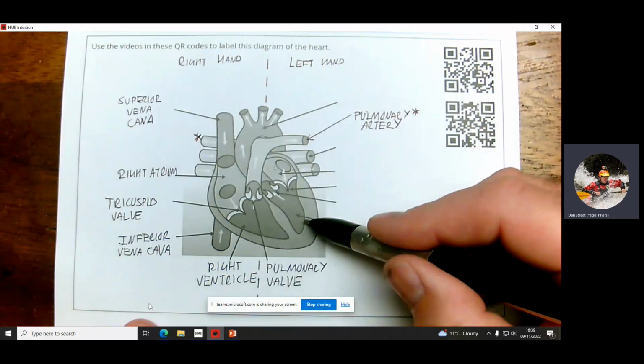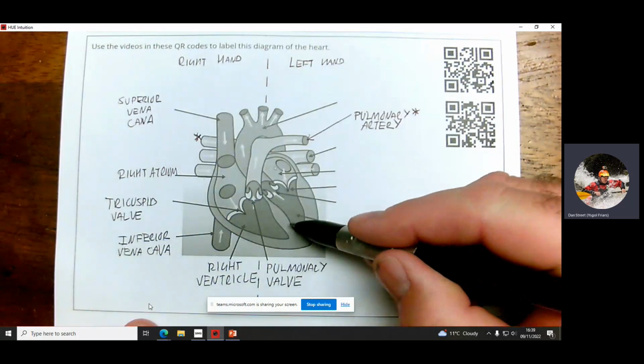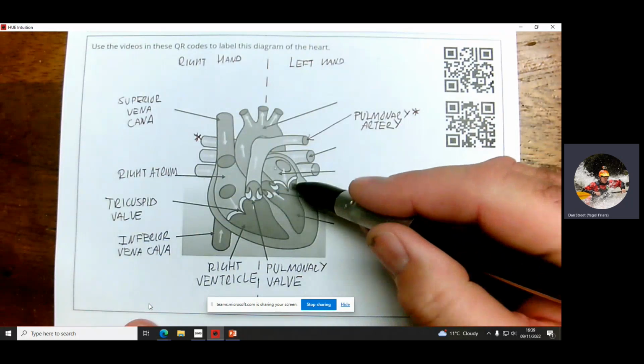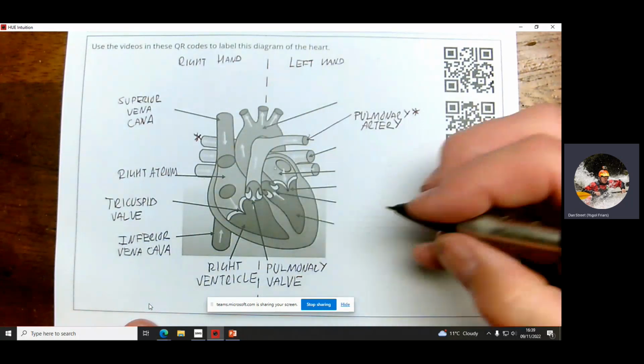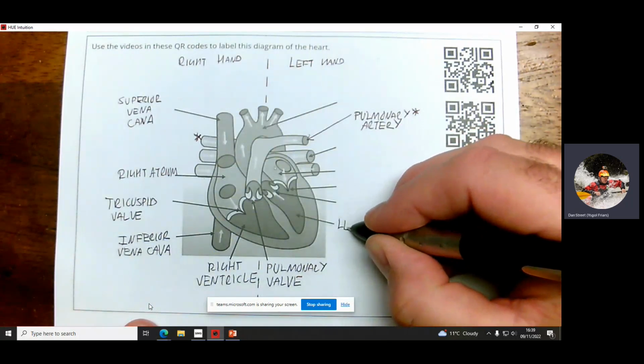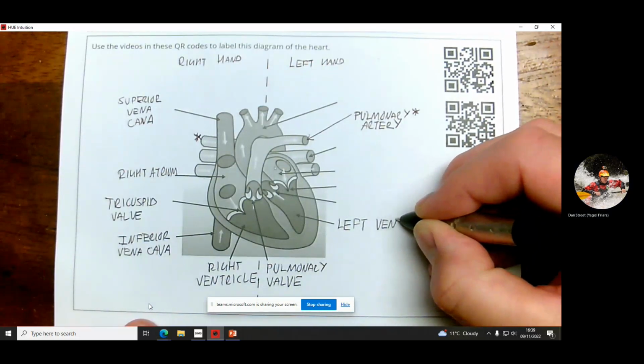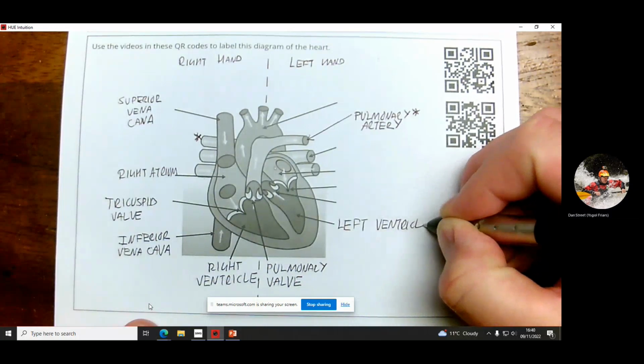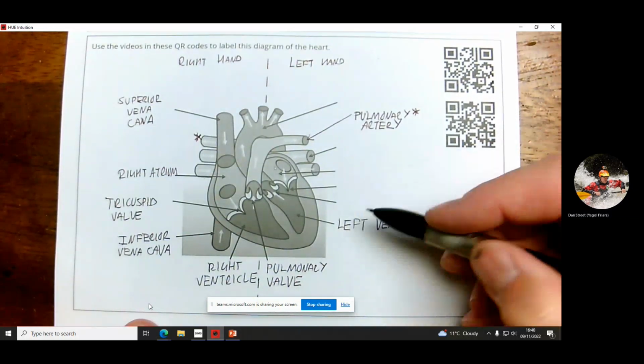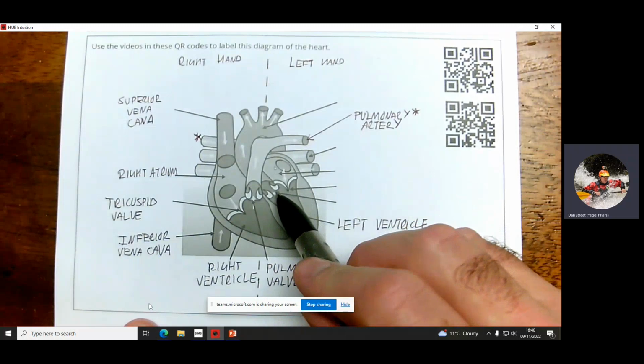Moving around again, we've now got this large chamber on the left hand side. So this is the left ventricle. And then again, we've got a valve here.